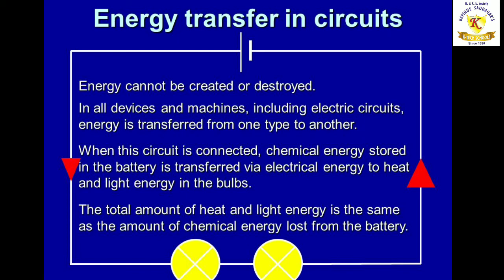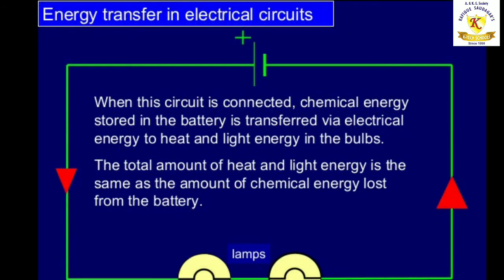The total amount of heat and light energy is the same as the amount of chemical energy lost from the battery.